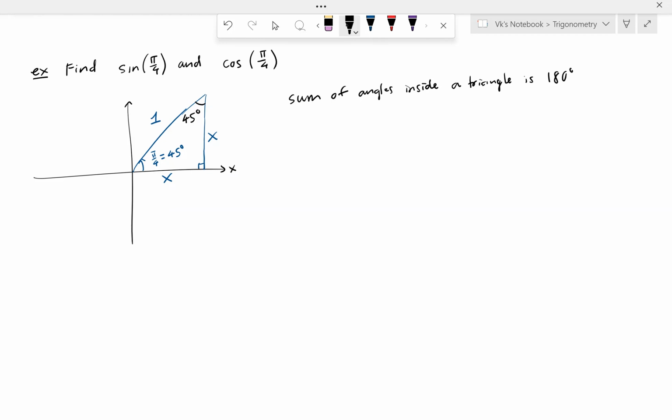Next, there's the property of the 45, 45, 90 degree triangle, and that is y equals x.